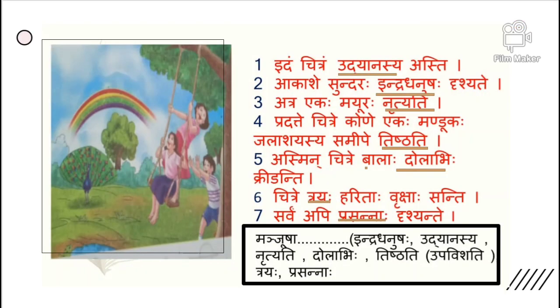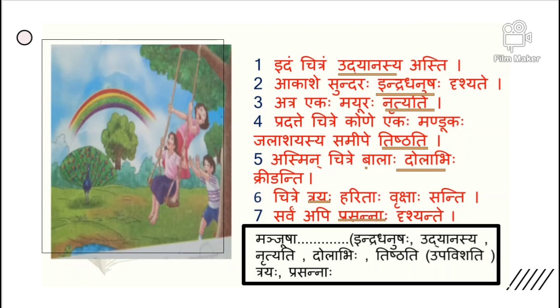Children, now here is an example for you. See the picture well and you start. 1. Idam chitram udyanasya asti. In the box it is given udyanasya, that is underlined here. And the second one, akashe sundarah indradhanushah drishyate. Sundarah indradhanushah. And third one, atra is used here.